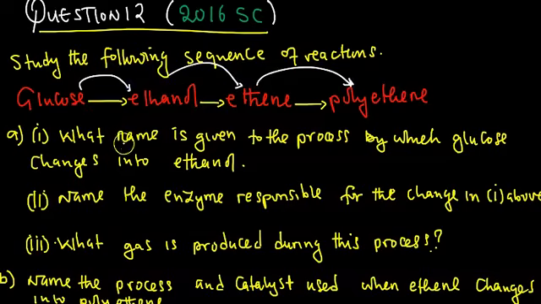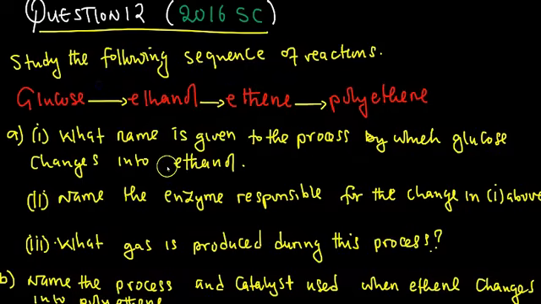The first question is, what name is given to the process by which glucose changes to ethanol? This process is called fermentation.